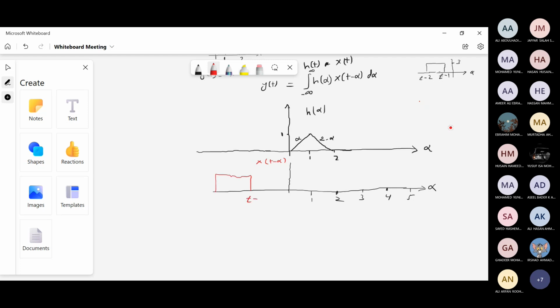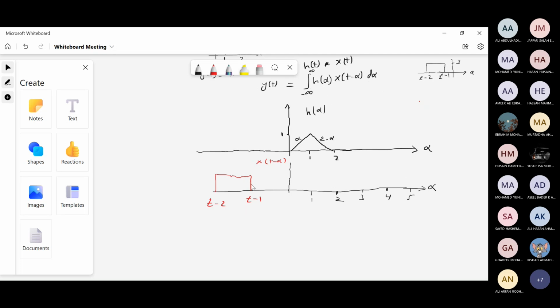This is t minus 1, and this is t minus 2. Note the formula. It is h of alpha now, which is this one, multiplied by x of t minus alpha, which is this one. So it is multiplication of these two. Okay, then we integrate it.